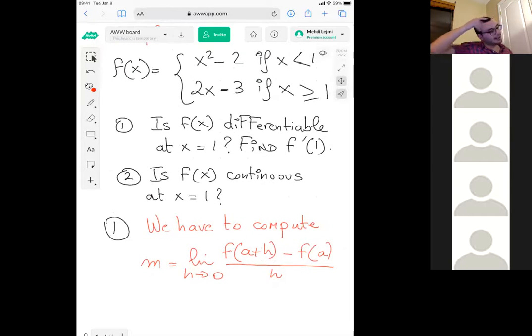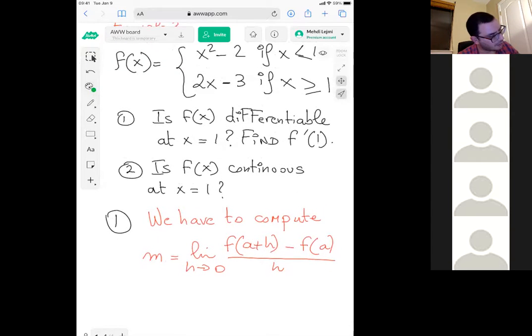So what's my a here? The question is about x equal to 1, right? So my a is 1, right? And here's my f of x. So f of x is described by two different equations, right? All right, so also there's this f of a, right?